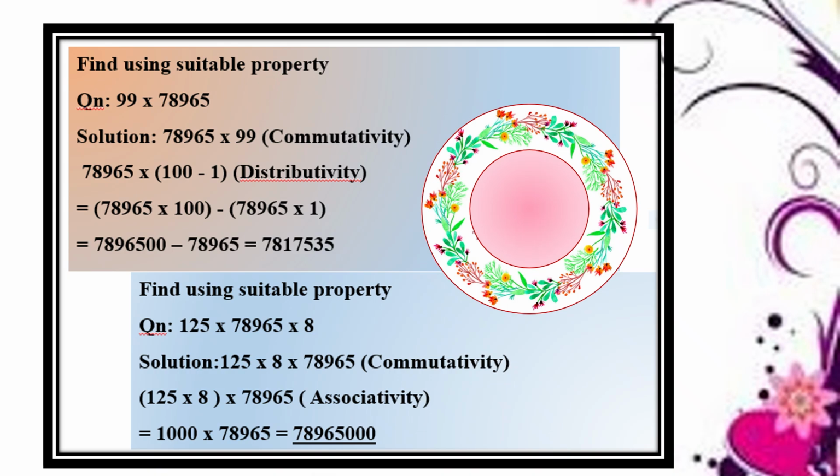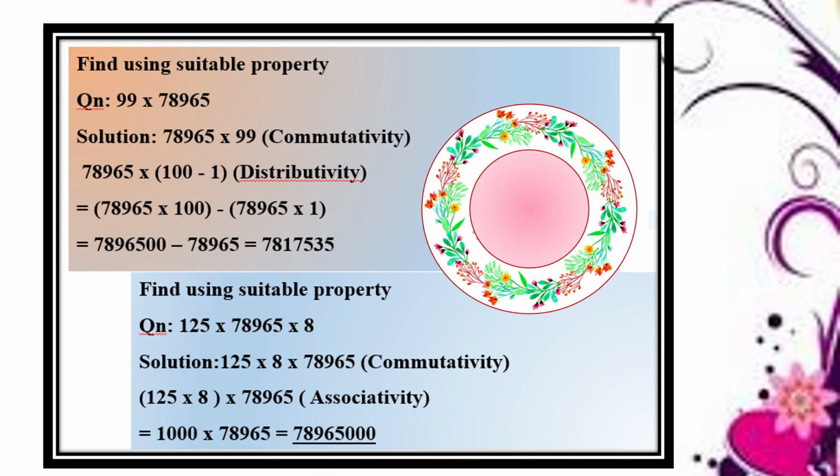In other words, multiply 78965 by 100 first and deduct 78965 itself from the resulting product. So that is application of brackets, or the property of distributivity of multiplication over subtraction.